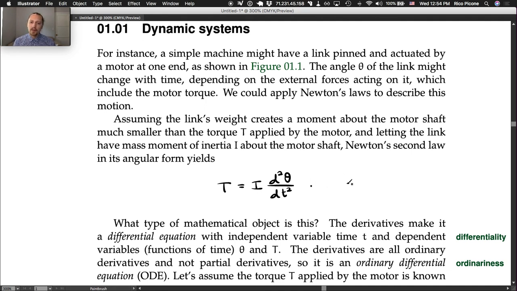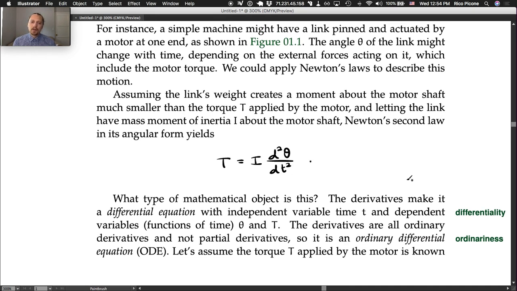What type of mathematical object is this? The derivatives make it a differential equation, with independent variable time t and dependent variable functions of time, theta and T. So theta and T are both functions of time, even though we haven't explicitly denoted them as functions of time here.